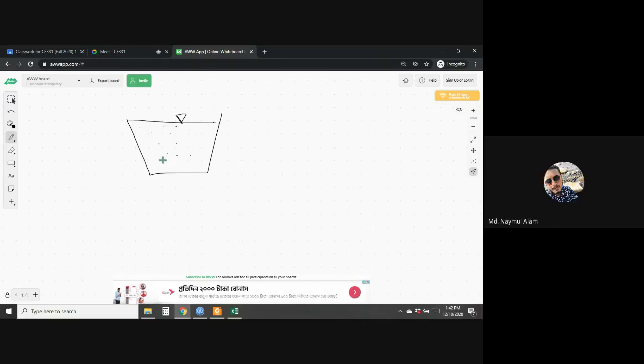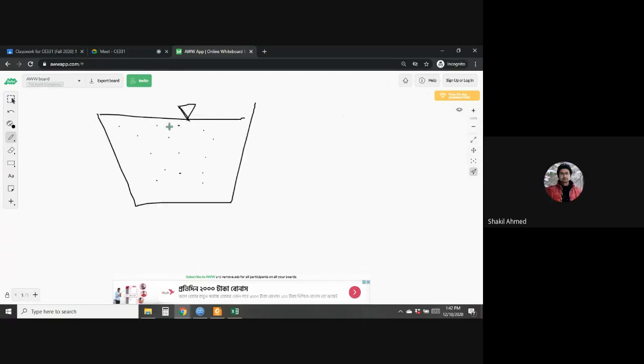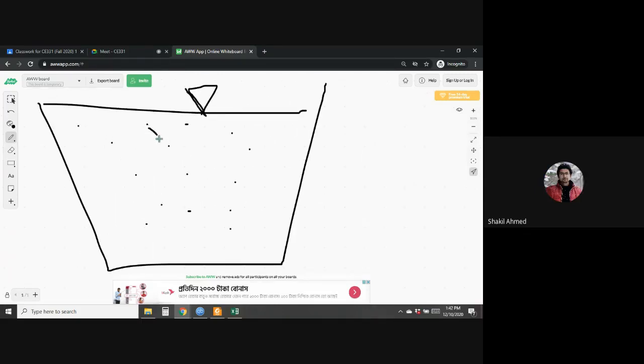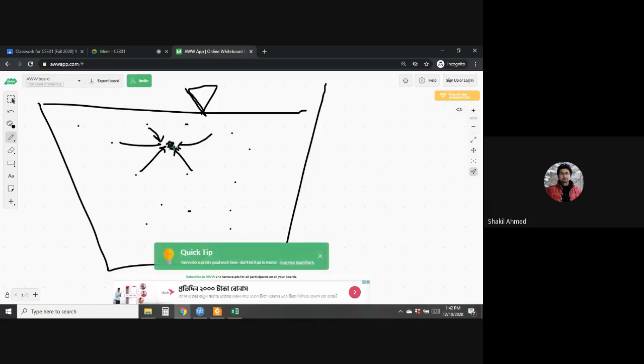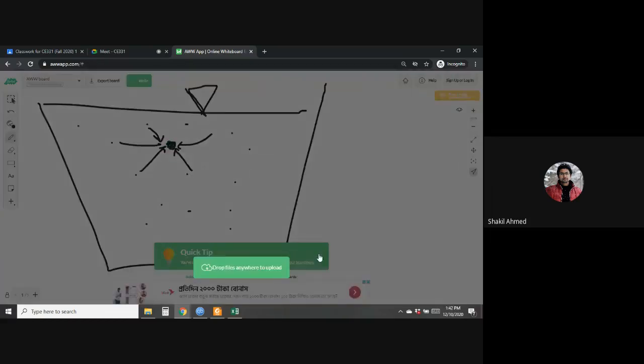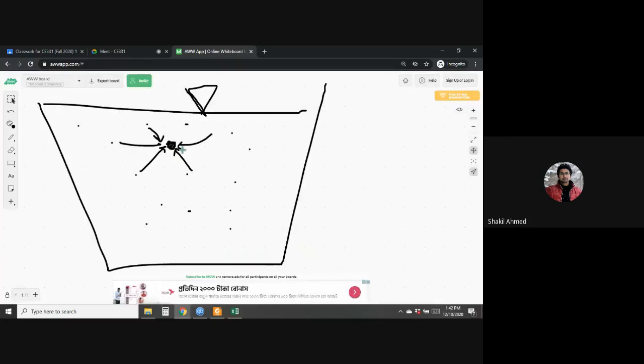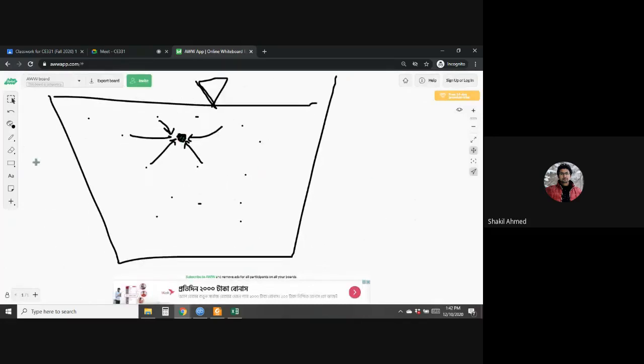Now, if you can bring them close together and aggregate them to form a bigger mass, this is easily settled down. That's how it is removed.